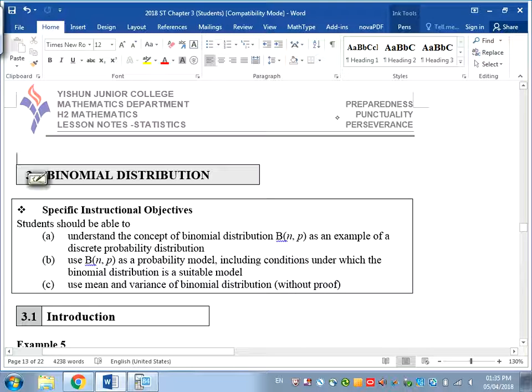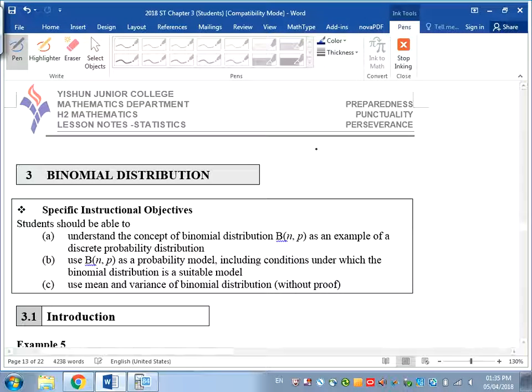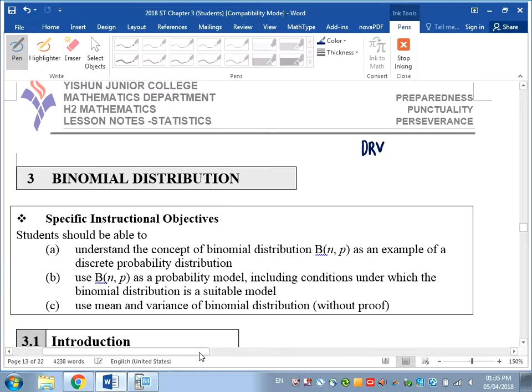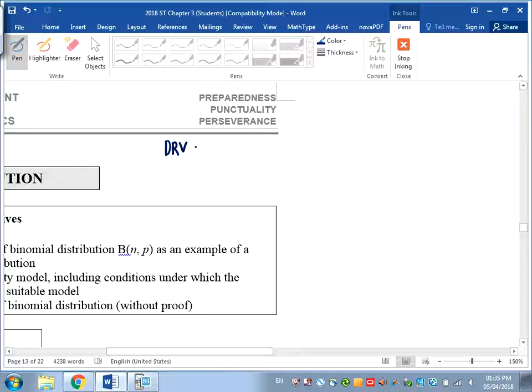Okay, so I'll write down here. Last time we dealt with DRV, and we know that DRV can have many outcomes. But we are only going to look at experiments that have exactly 2 outcomes.